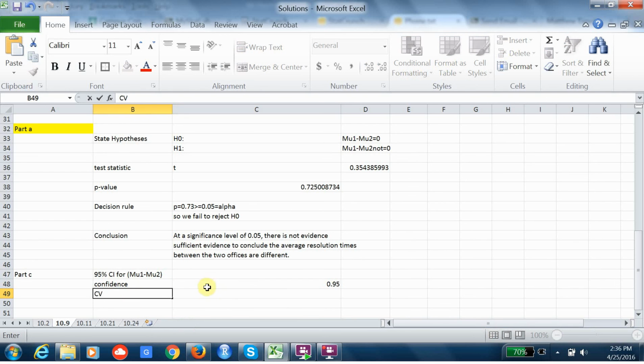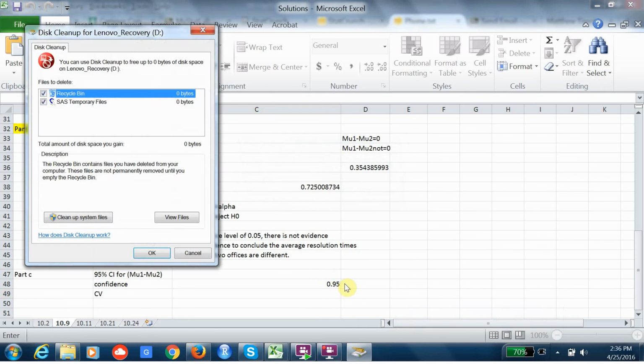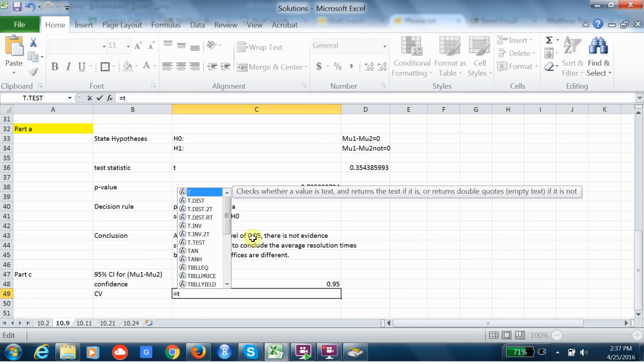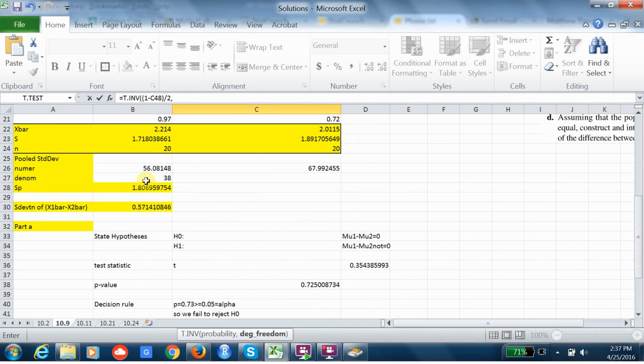Now the critical value is basically going to be the value that corresponds to the 2.5th percentile for a random variable coming from a t-distribution with 38 degrees of freedom. Okay, so this is going to be t.inv. And I'm going to take 1 minus this and divide it by 2. Usually I would do this outside of this bracket, but it's okay. And we had 38 degrees of freedom.